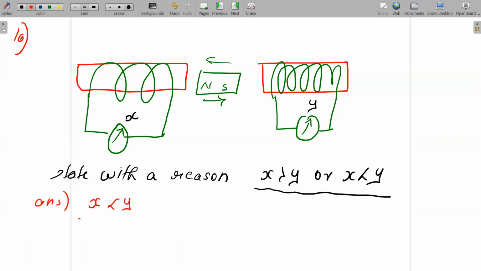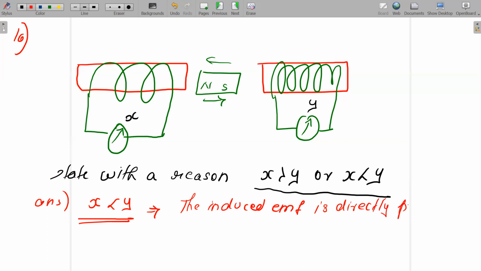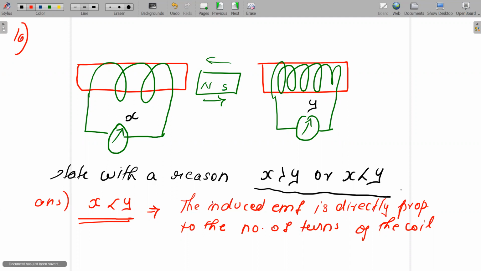X is less than Y. The reason is that the induced EMF is directly proportional to the number of turns of the coil. Understood? Is it okay?